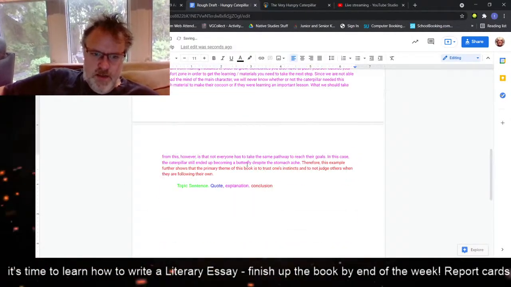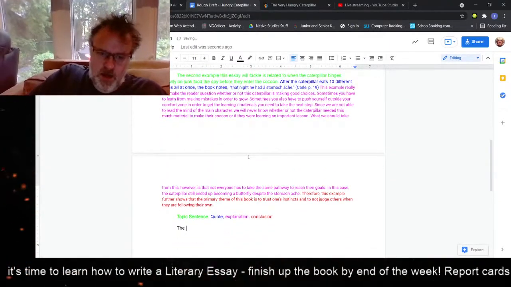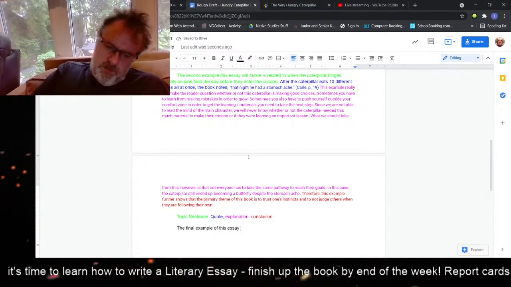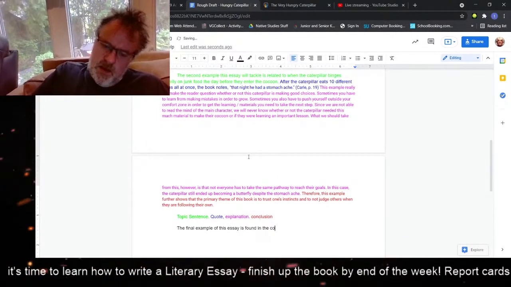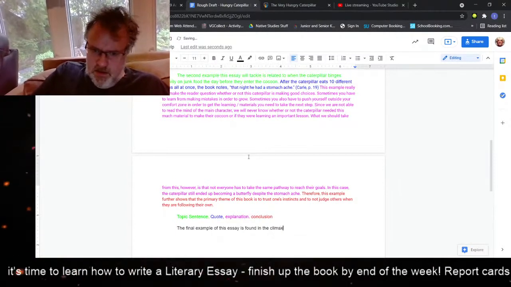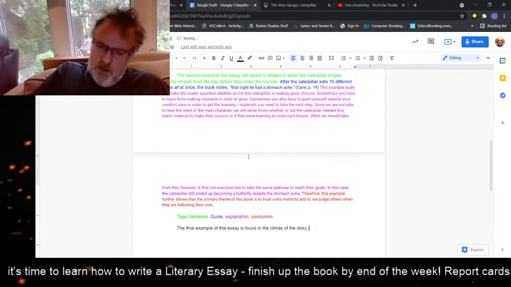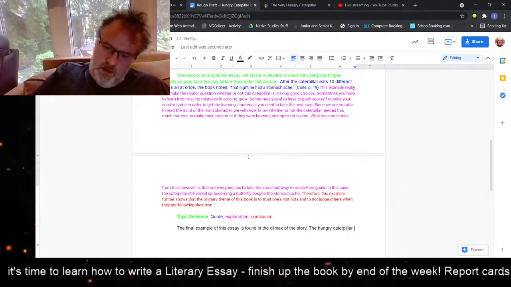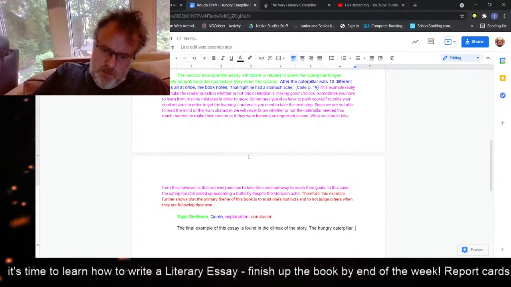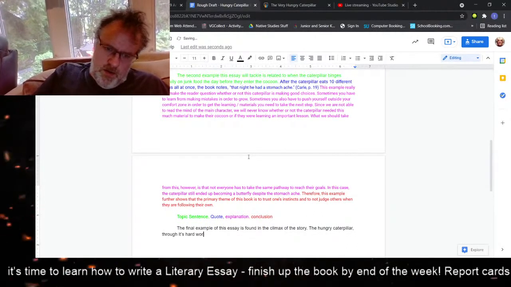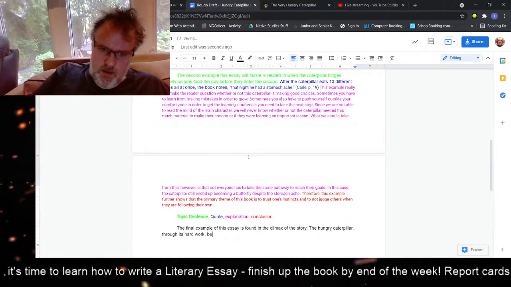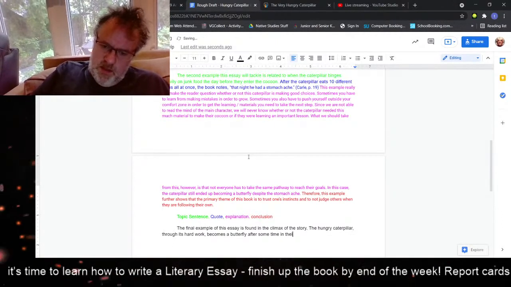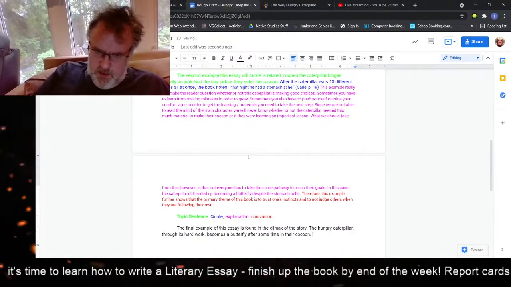Okay, always indent. All right, the final example of this essay is found in the climax of the story. The hungry caterpillar, through its hard work, becomes a butterfly after some time in their cocoon.